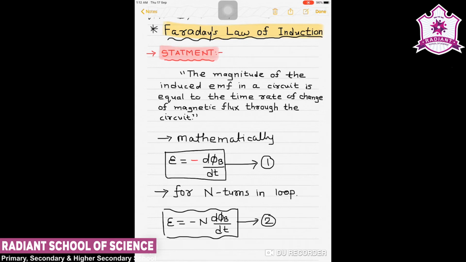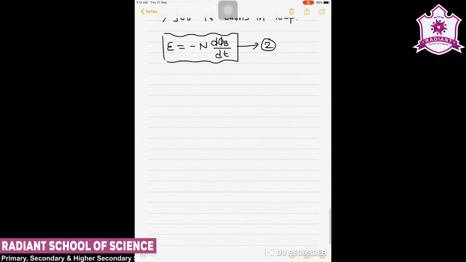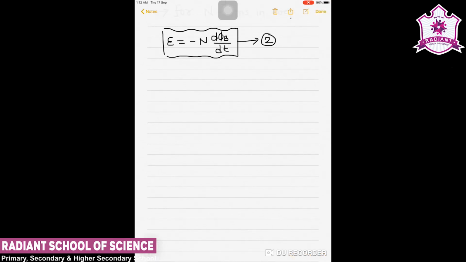Now in equations 1 and 2, we can see that the flux can be varied by changing any one or more of the terms B, A and theta. See, here it is very interesting. We have to change flux, and by the change of flux we get EMF.